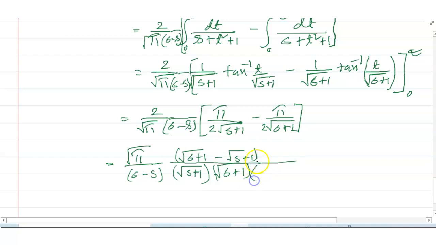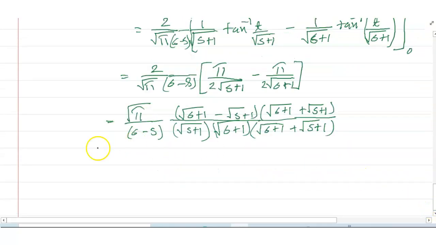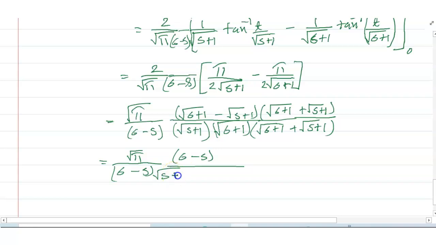Now I multiply both sides by root sigma plus 1 plus root s plus 1, and this value is root pi divided by sigma minus s, and I also get sigma minus s, root over s plus 1, sigma plus 1, and it will become root sigma plus 1 plus root s plus 1.